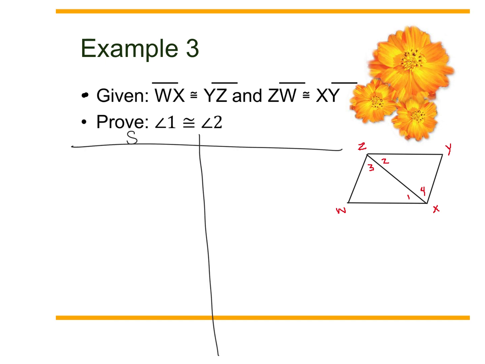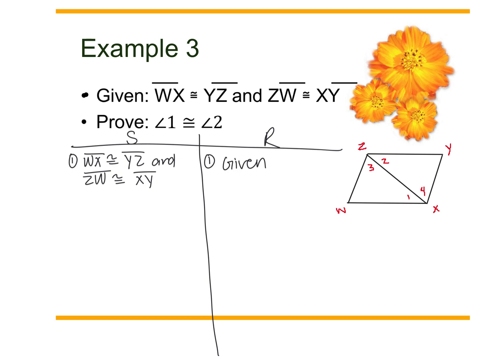You have your statements and your reasons, Gabe. Go ahead and tell me what my first one is. The first statement is WX is congruent to YZ, and ZW is congruent to XY. And the reason for that is given. All right, did they draw it on my diagram?